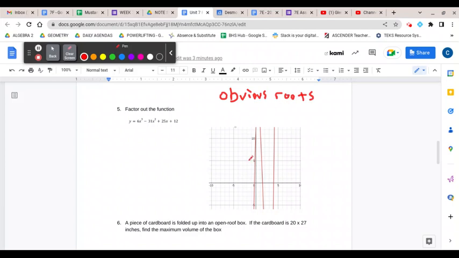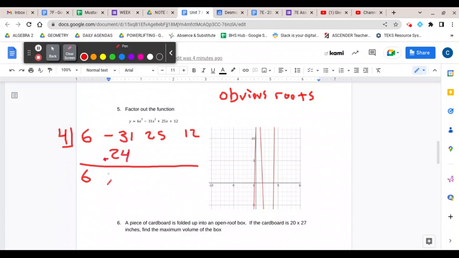We see we have an obvious root there at positive 4, so we can synthetic division this out. We have 6, negative 31, 25, and 12. Pull down the 6. 6 times 4 is 24. Add those, we get negative 7.